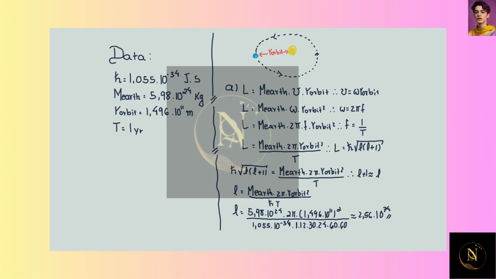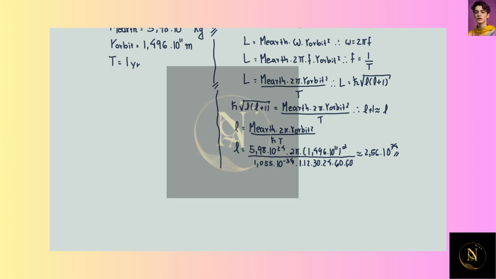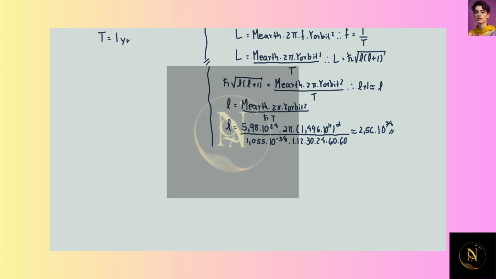Now for the next item, we note that the number of possible orientations for the orbit of the Earth is equal to the number of possible values for ml. And remember that ml can be any integer between minus l and l. So the number of possible values for ml is 2l plus 1.